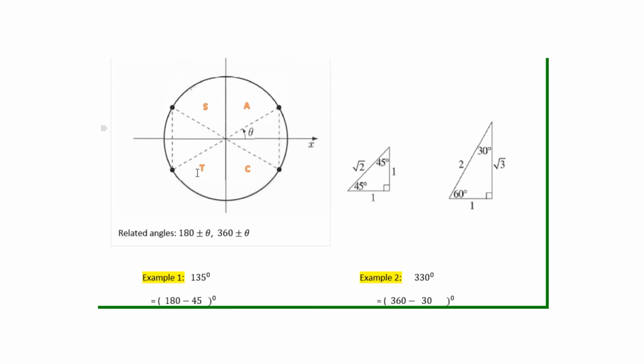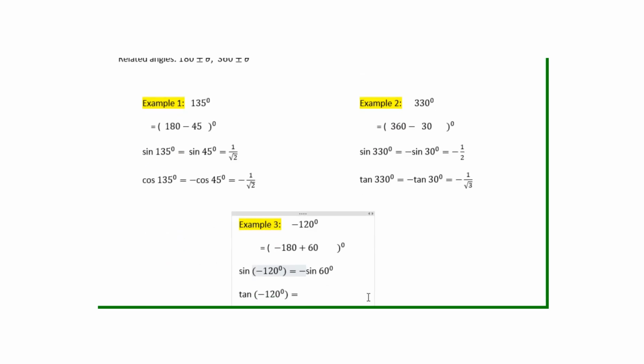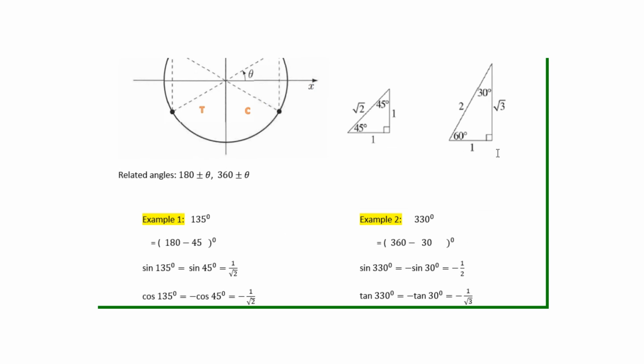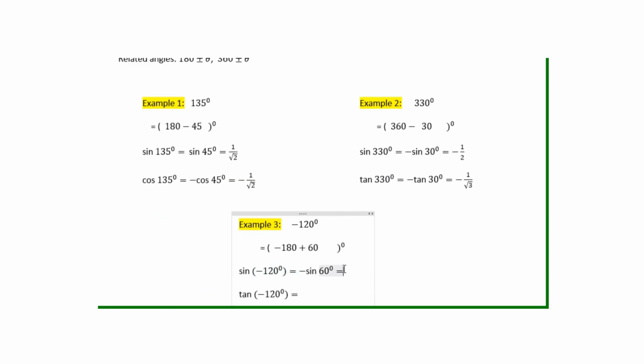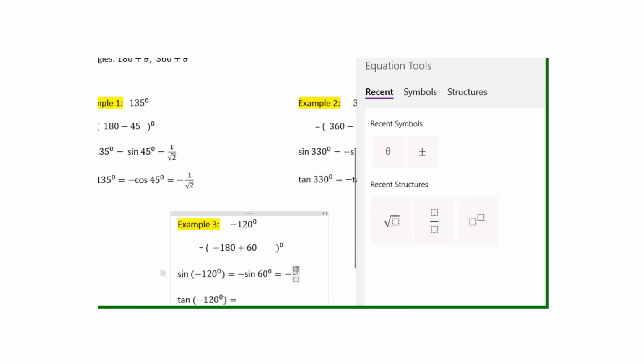So we know that in the third quadrant sine is negative, so it's going to be negative of sine 60. Then we use our triangle to work it out. Sine 60 is O over H, so root 3 over 2. And then we know that it's already negative, so negative of root 3 over 2.